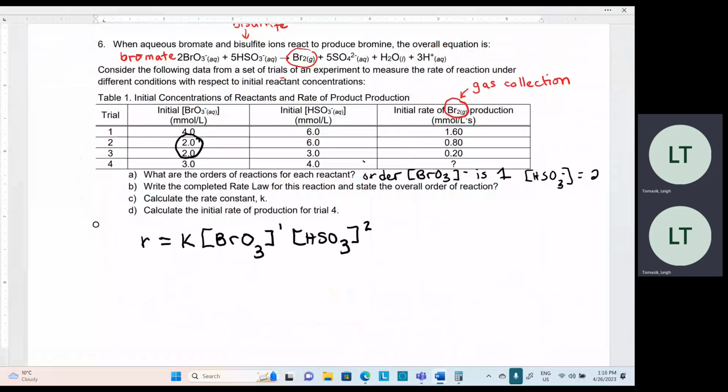That was easy, right? You just add the orders. Okay, and the overall order, right? We just add the exponents. 1 plus 2 equals 3. So that was easy.